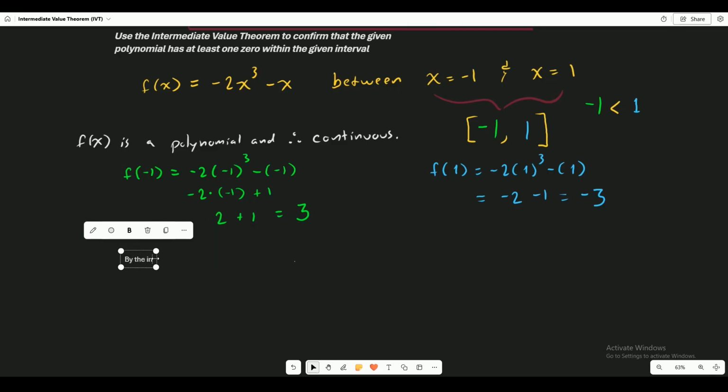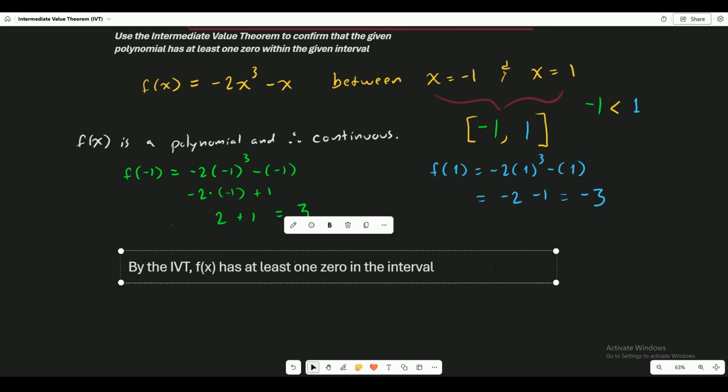By the IVT, f of x has at least 1 0 in the interval from negative 1 to 1.